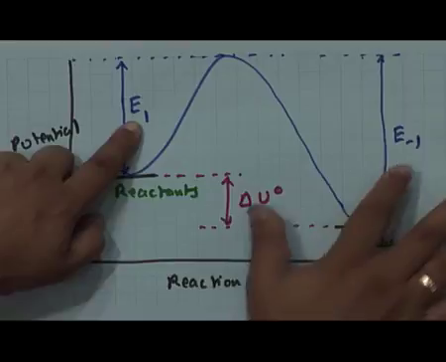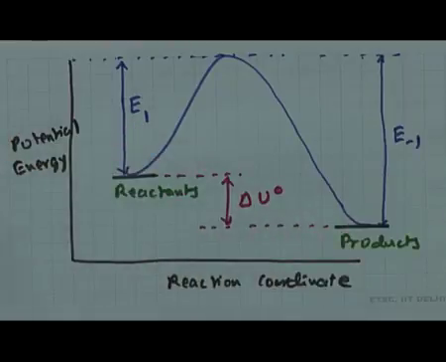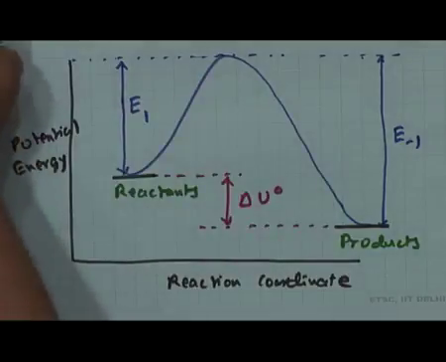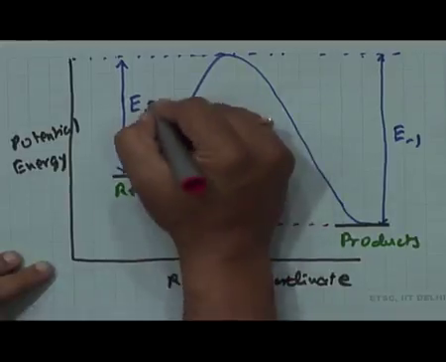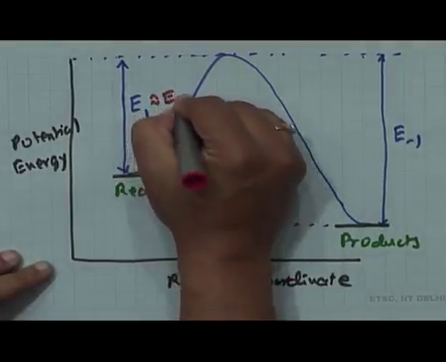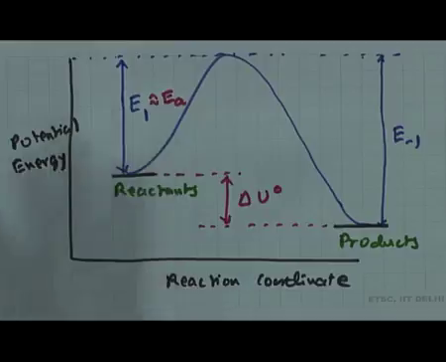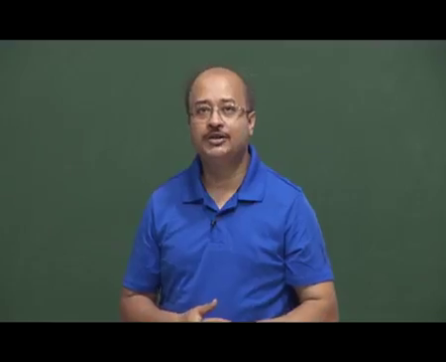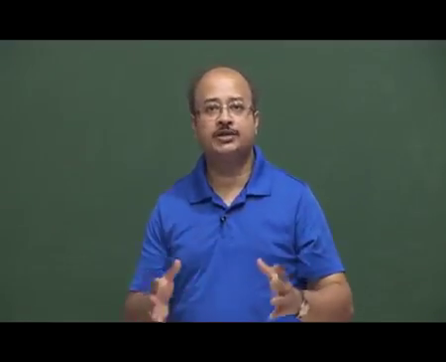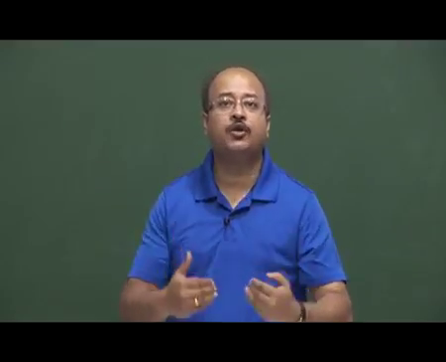So this E1, since we are more accustomed to looking at reactions going from reactants to products, is your E_A, the activation energy. We will talk about this more when we go to the next topic, elementary reactions, looking at a schematic energy profile and seeing what information it gives us.